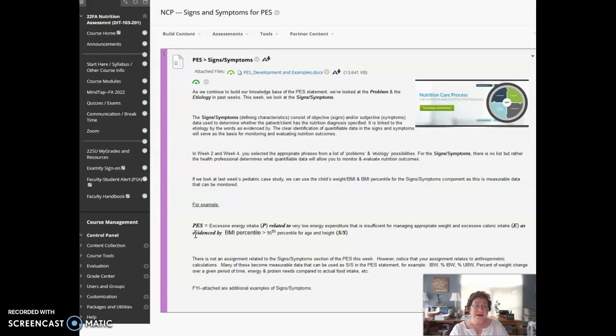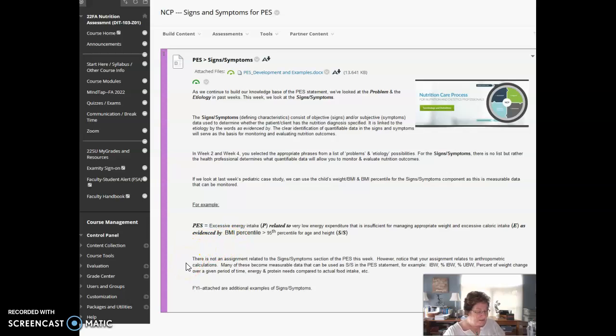And then our signs and symptoms, this is all as evidenced by BMI percentile of greater than the 95th percentile for age and height. This is related to measurements for children. It's how they express BMI for kids.